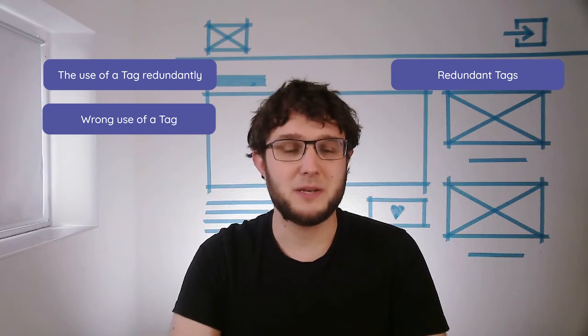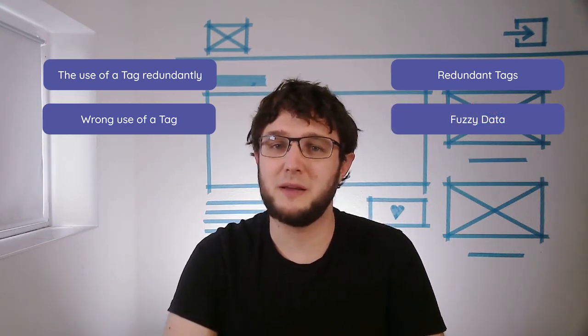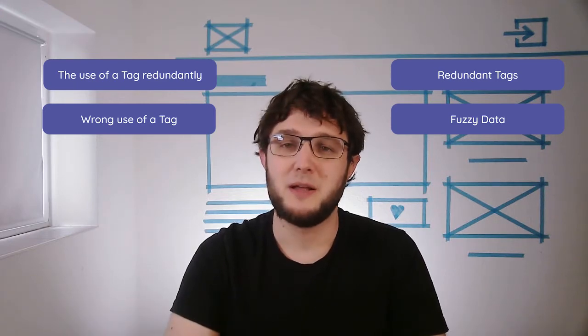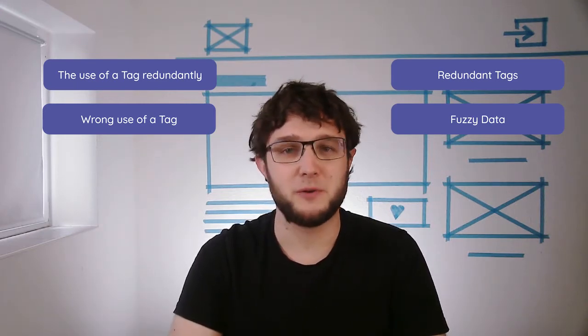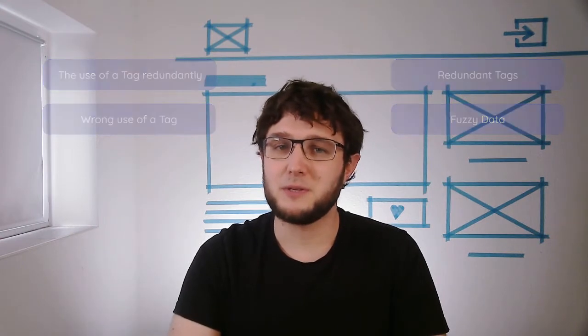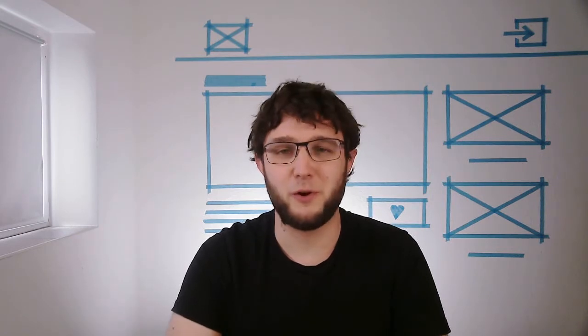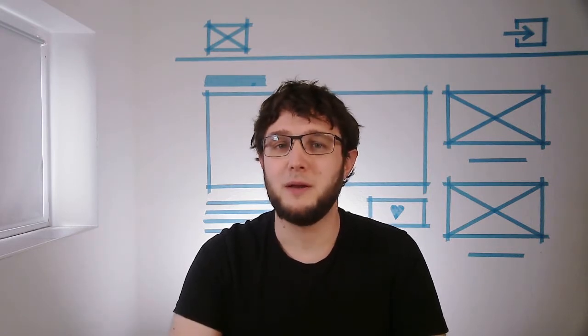And the second one is having fuzzy data and vague meaning of tags. So basically you have a structured database, but it's not that well defined and you cannot search for it properly, for example. And those two bad smells have to be cleaned later on in exhausting manual work. So how could we avoid them upfront?